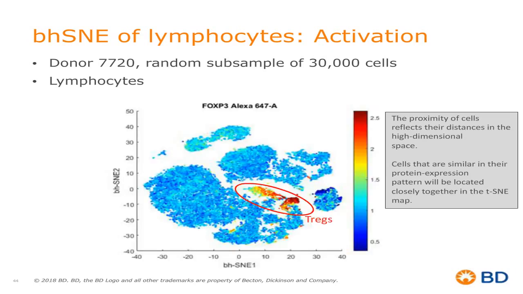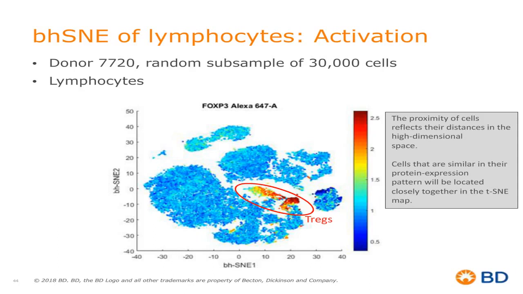So when you run an analysis like this, cells that are similar in their protein expression pattern will be located closely together in the tSNE map. So what you have to understand is what we're looking at here is our lymphocytes on this particular donor. And we ran the algorithm, and what it did is it grouped clusters of cells based off of their protein expression, if it's similar.